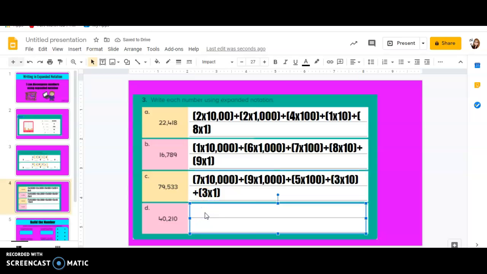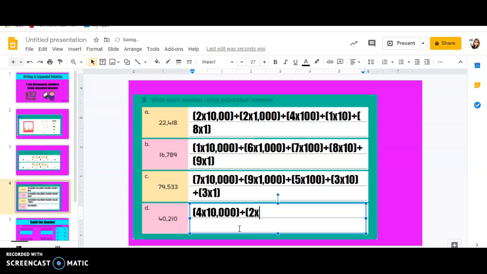And last but not least, 4 times 10,000. Now, as I told you earlier, you would see later that we can skip those zeros. For the purposes of the beginning, we use the digit 0. But we actually skip because we can still show that there's nothing there by not actually putting it there. So I'm going to skip my thousands place this time and move on to my hundreds place.